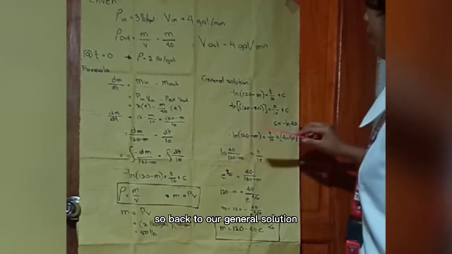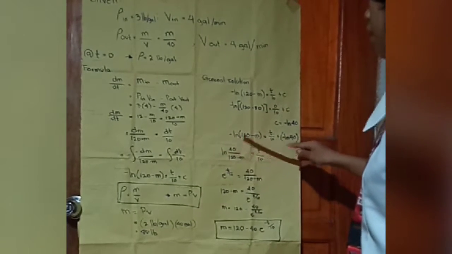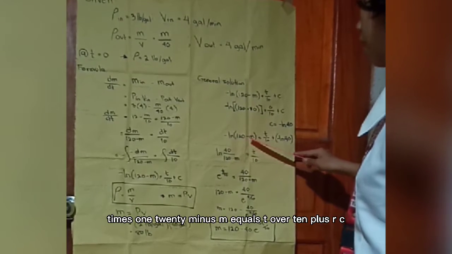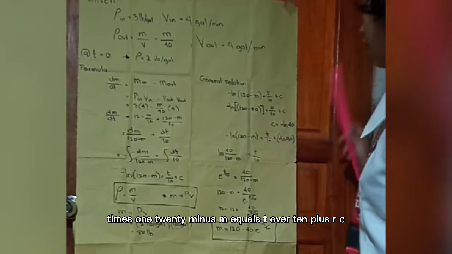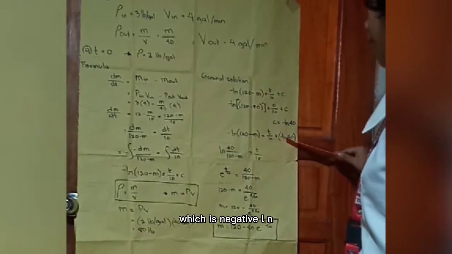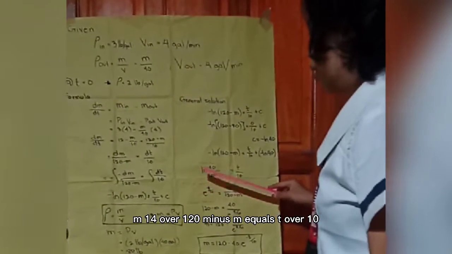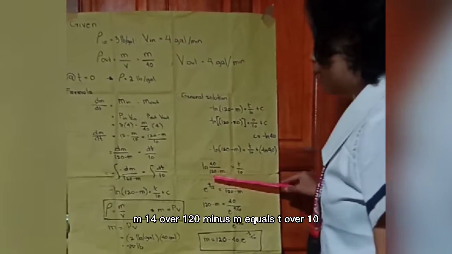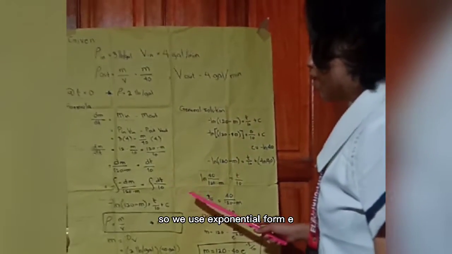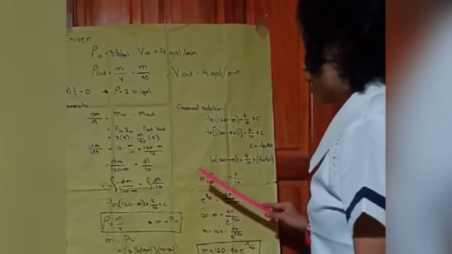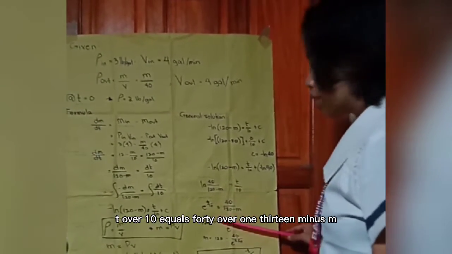So, back to our general solution: negative ln of 120 minus m equals t over 10 plus our c, which is negative ln 40. Transposing this, ln of 40 over 120 minus m equals t over 10. So we use exponential form: e to the t over 10 equals 40 over 120 minus m.